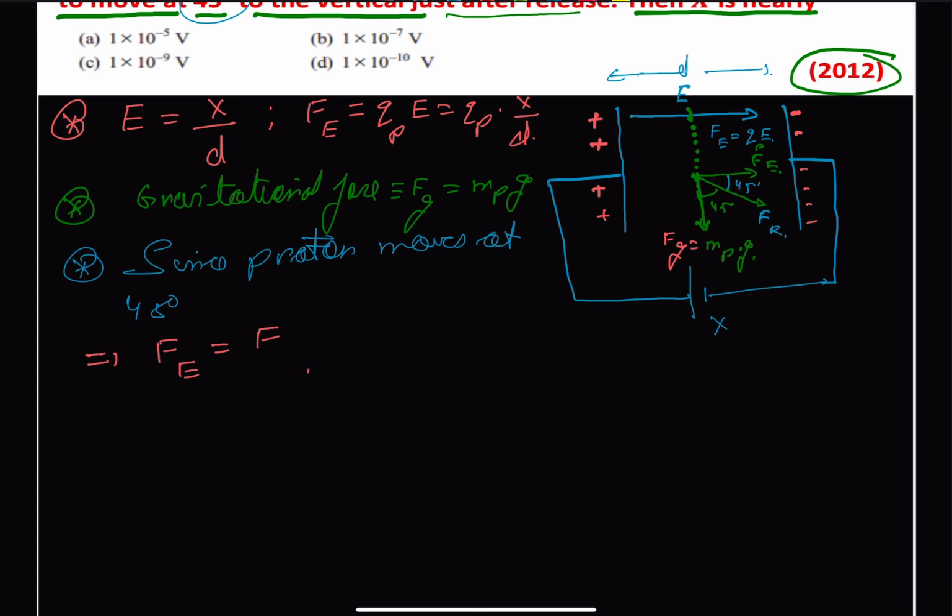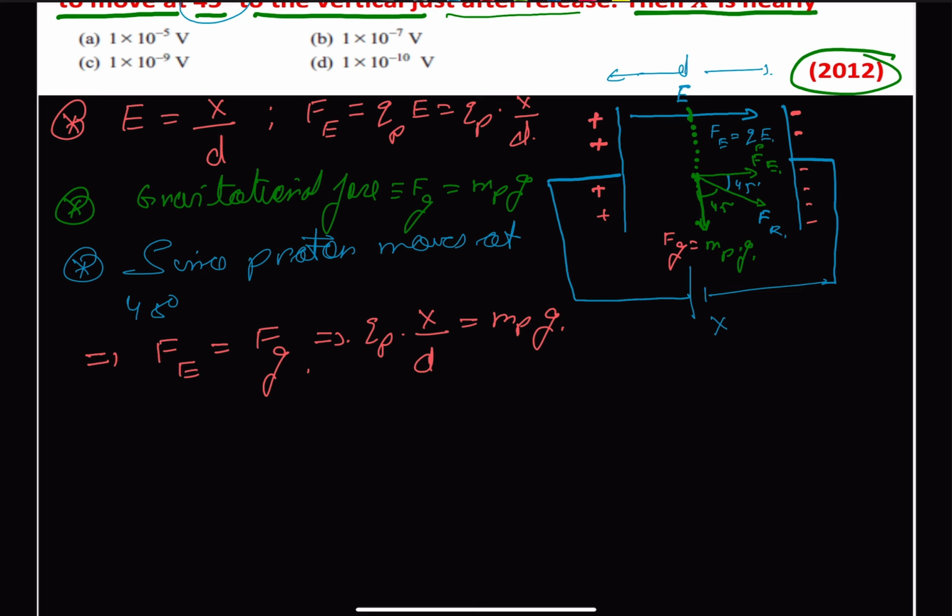This is Fg. We simply substitute the values. We get charge on proton multiplied by electric field, X upon d, is equal to mass of proton multiplied by g.